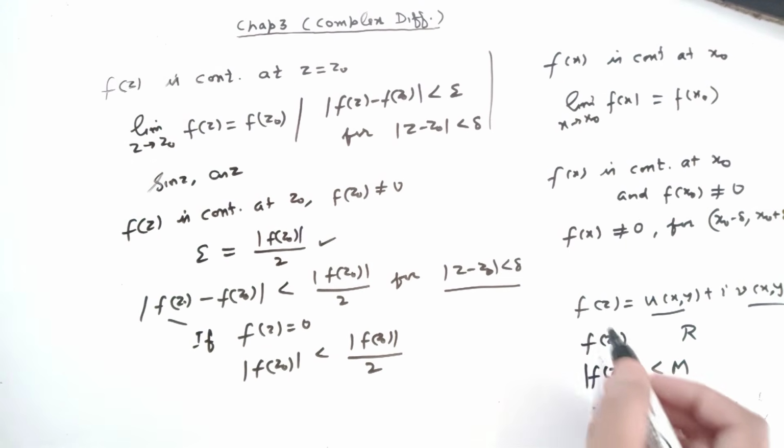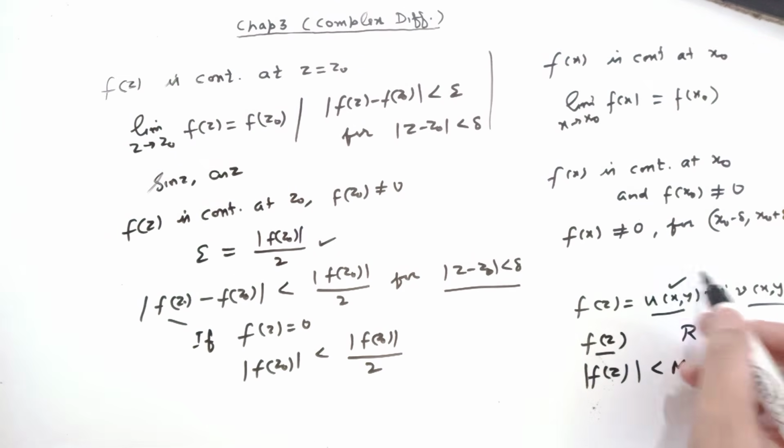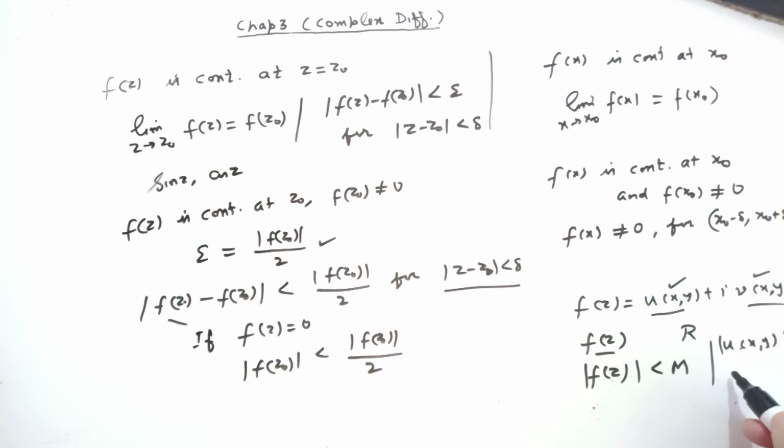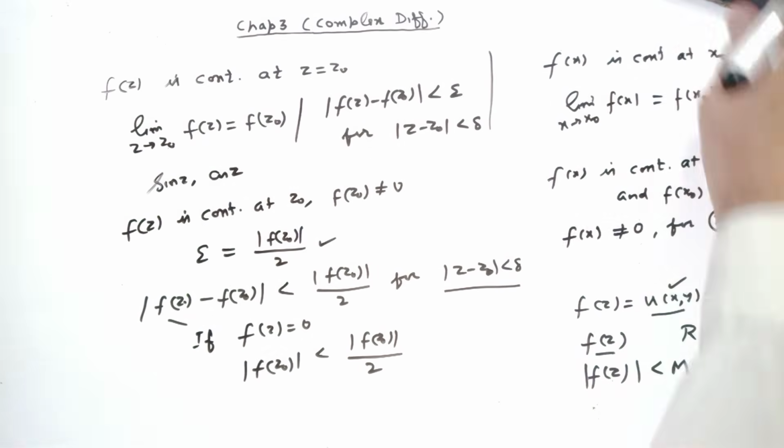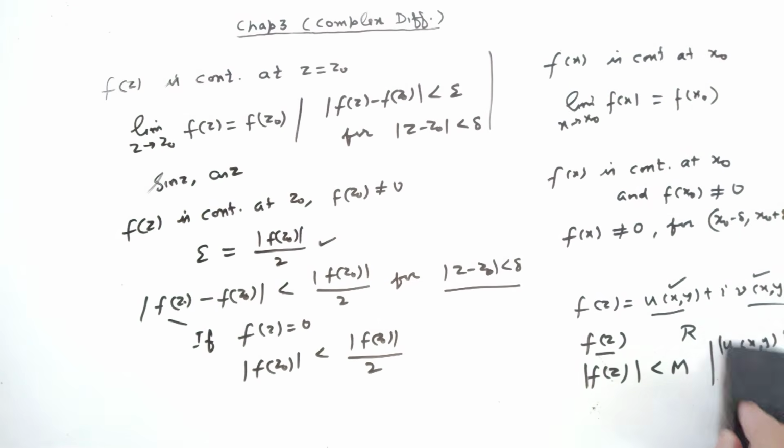This can be proved easily because if f(z) is continuous in this region R, then so are its real and imaginary part functions. But in case of reals, we know that if a function is continuous in a closed and bounded region, then that function is bounded. Say |u(x,y)| is less than M1 and |v(x,y)| is less than M2.